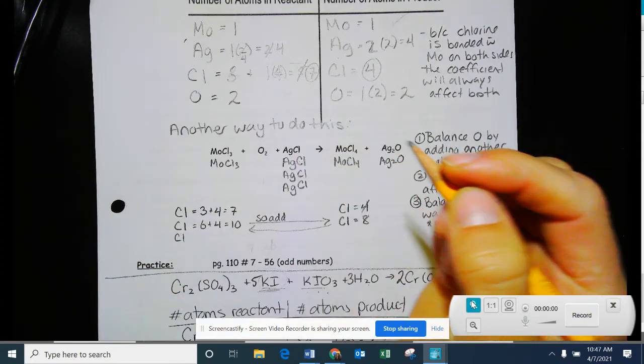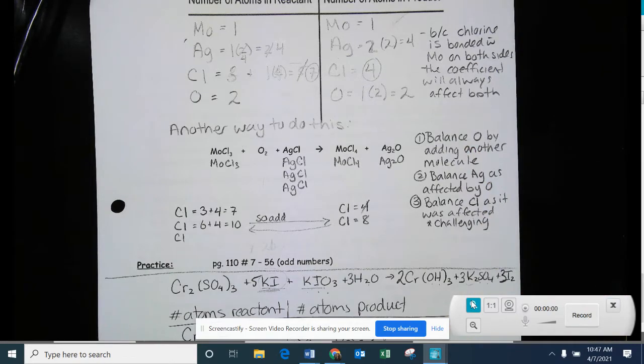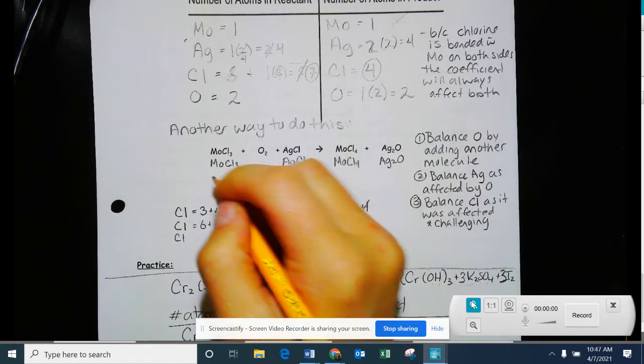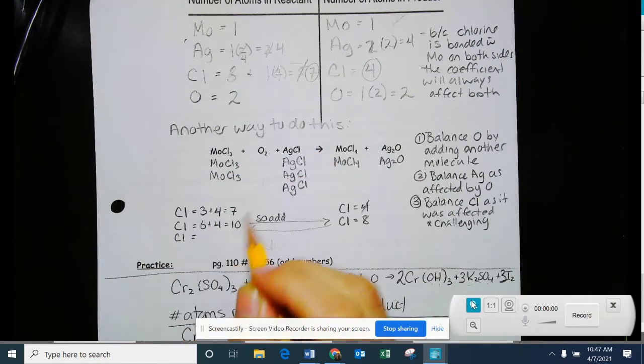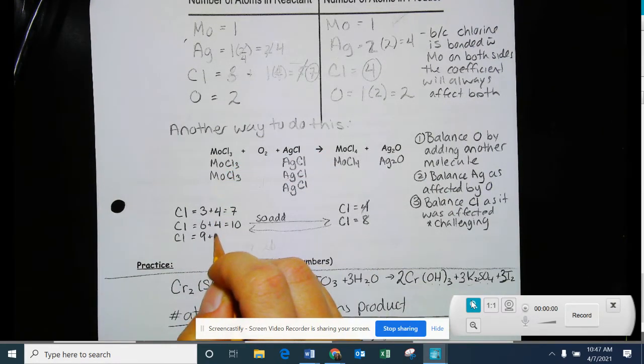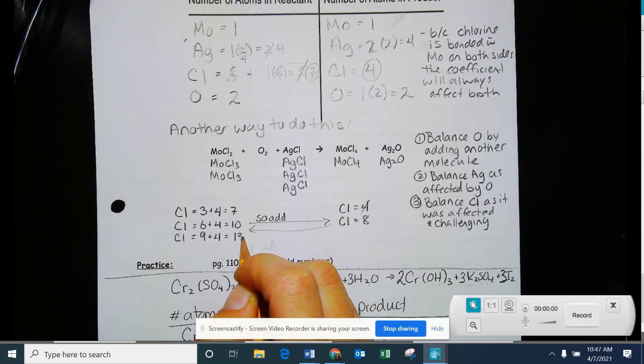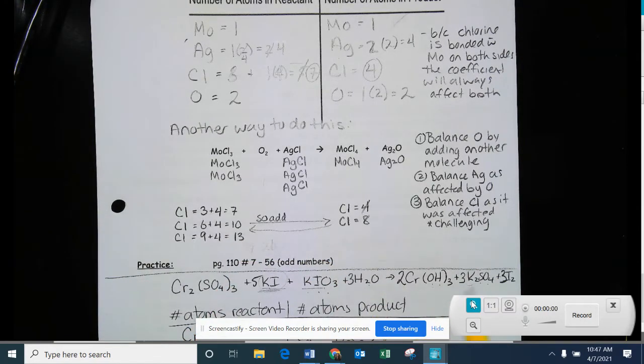We're going to add another MoCl3. So now we've got 9 plus 4 is 13. These guys over here are even numbers. 9 plus 4 equals 13.